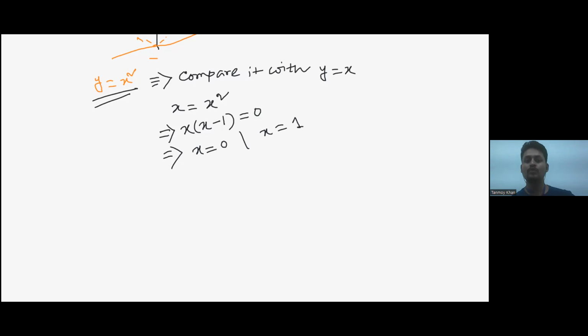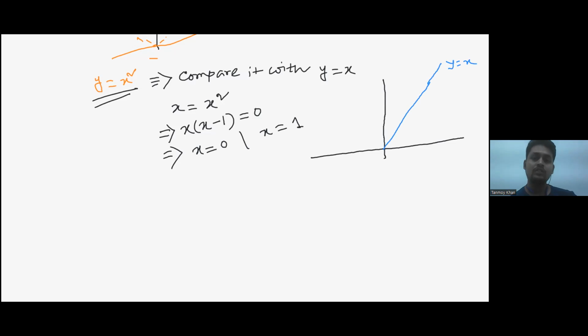Then at these 2 points, when x is 0 and x is 1, this y equal to x square plot will touch the y equal to x line. Last day we discussed this, because this is a straight line.